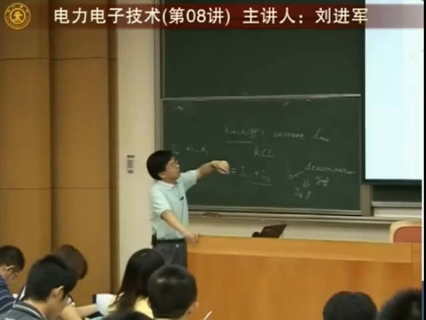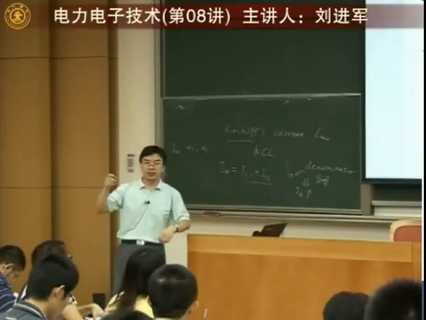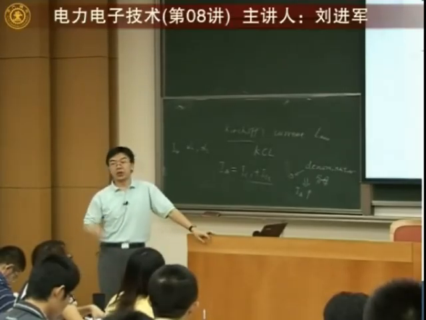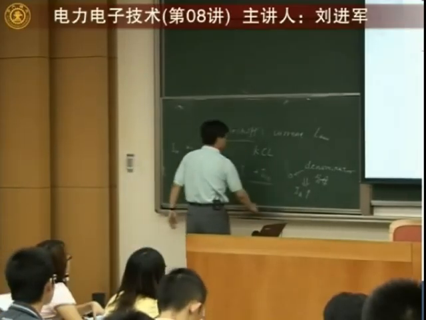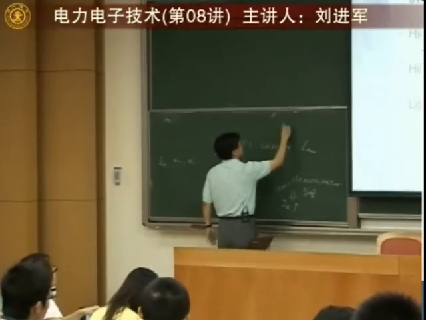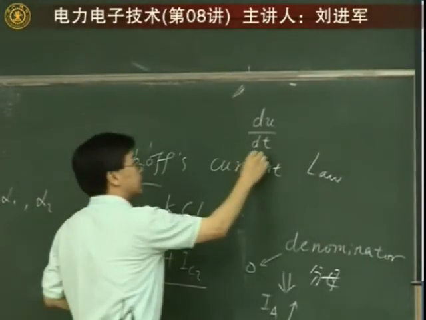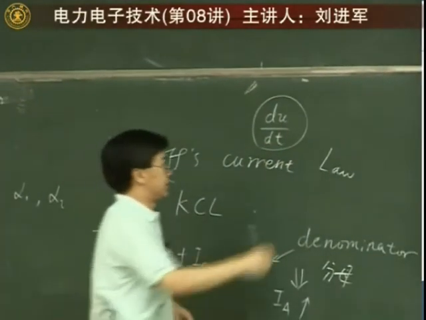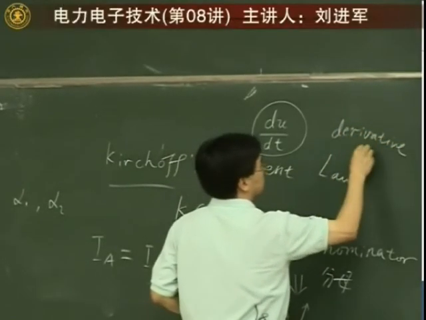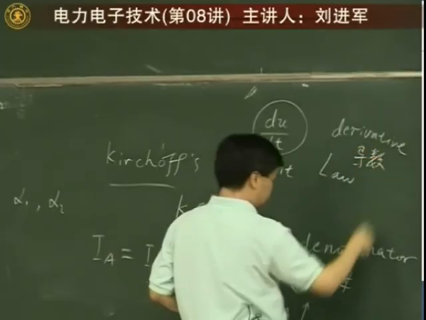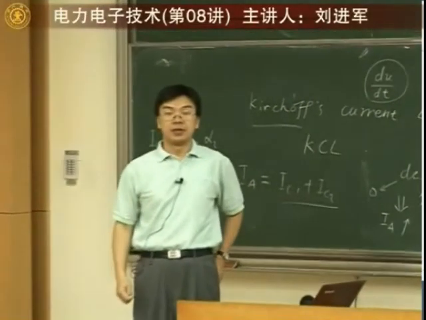Second, if the voltage across A and K is increasing too fast, that will also turn on the thyristor. What do you mean by increasing too fast? Increasing too fast means du/dt, the derivative of the anode voltage over time, is too high.